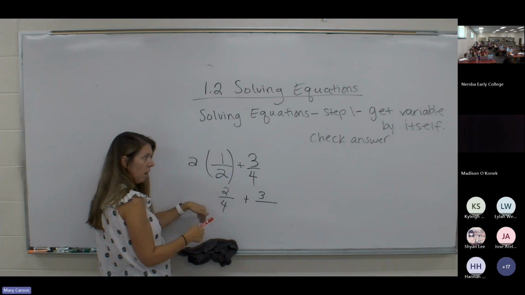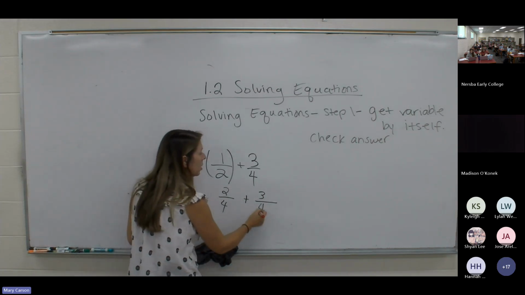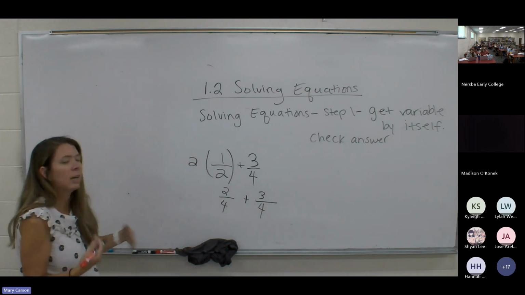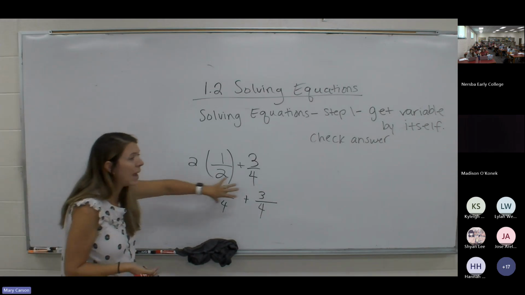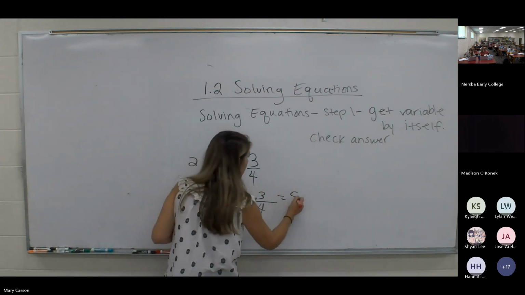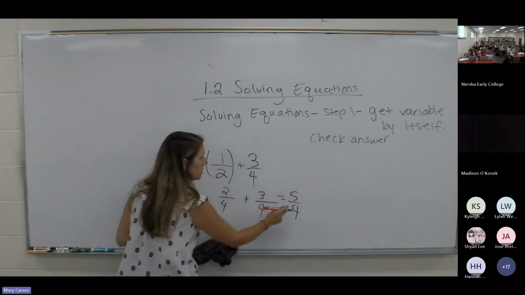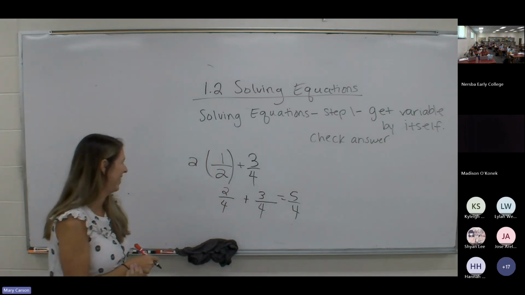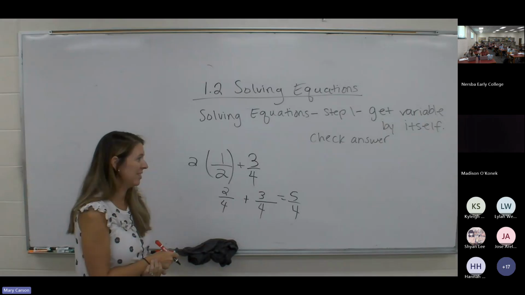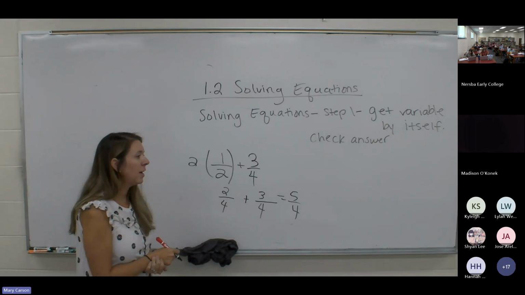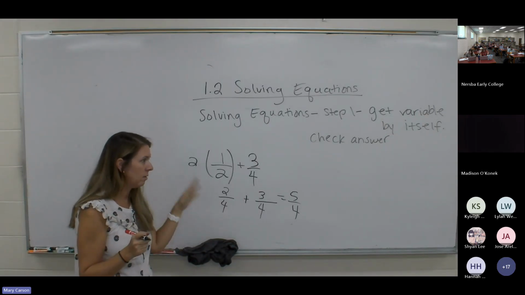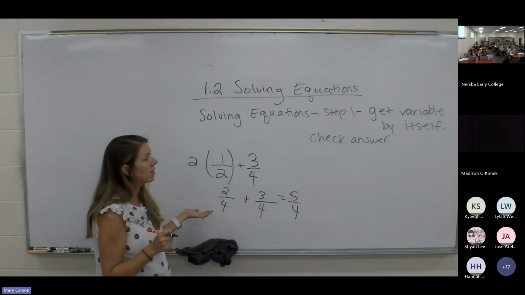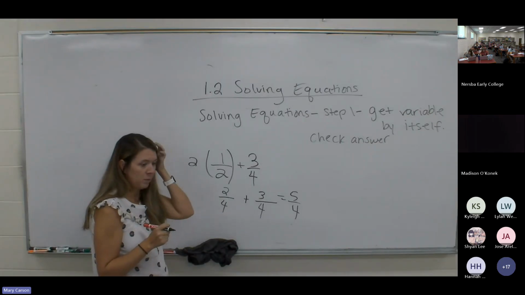That's the main goal for these, being able to rewrite something without changing the problem. So now we add straight across and we get 5 over 4. Does that make sense? It's just how you add fractions, okay? Multiplying fractions, you just multiply straight across, and it's nice and easy, but add. So this is going to be the same concept that we're going to do with these equations, okay?